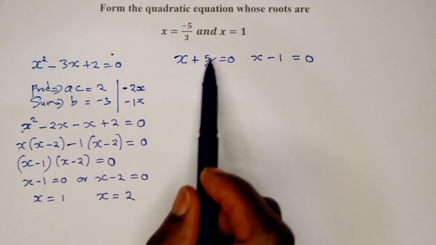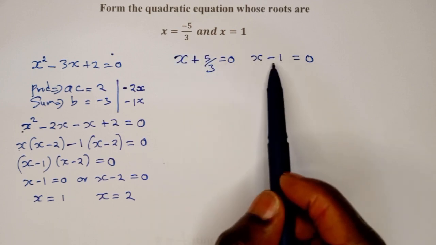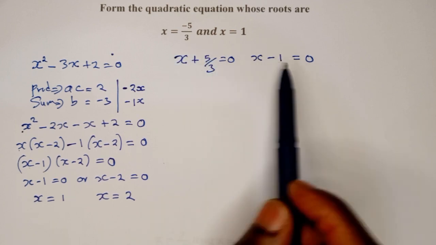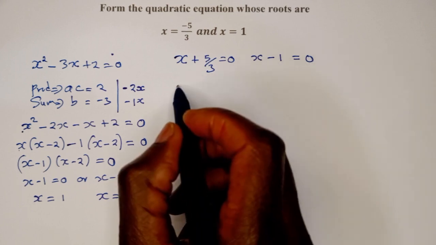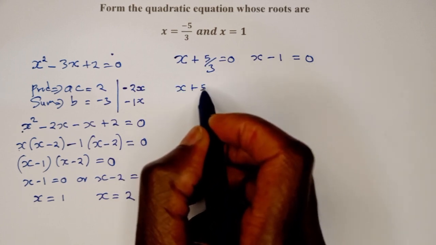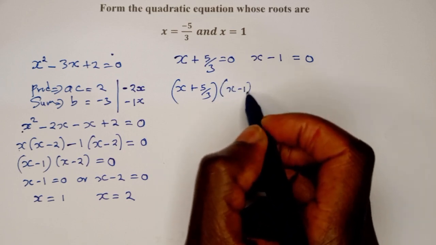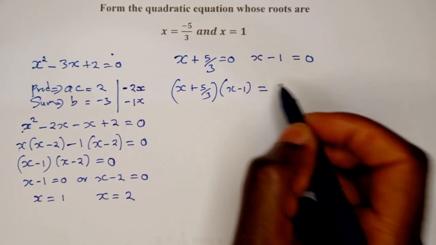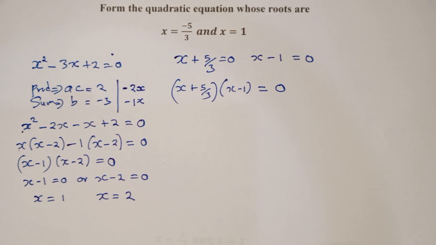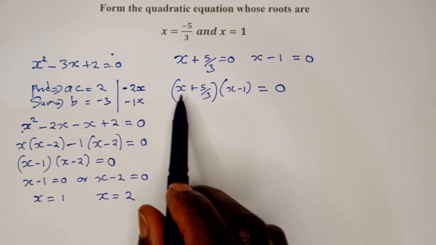Then put this and this in brackets, multiply them and equate to 0. So I'll have x plus 5 over 3 and x minus 1 equals 0. Then expand this now.